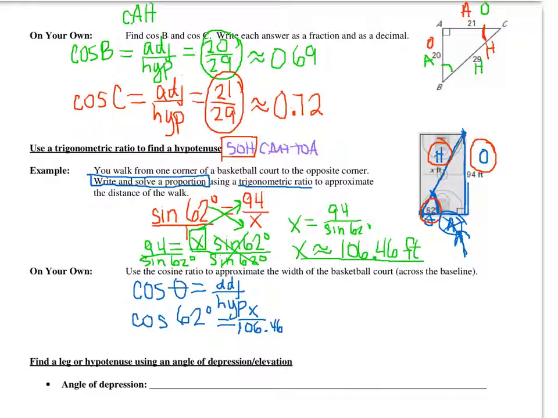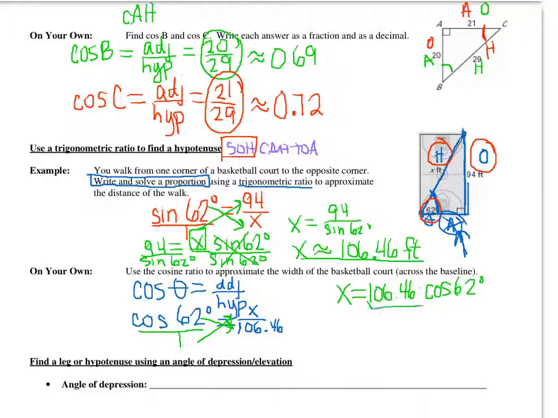So my problem's set up now. Now I just need to solve this. So I'll turn it into a fraction by putting this over 1, and I'll cross multiply. 1 times x is x. And multiply these two, I have 106 and 46 hundredths times the cosine of 62 degrees.